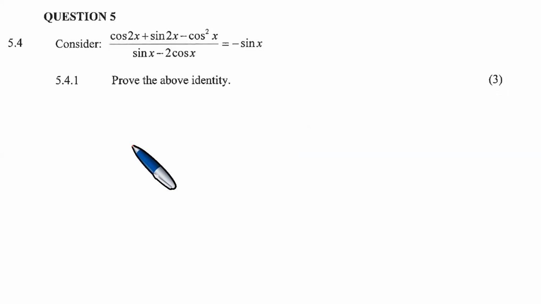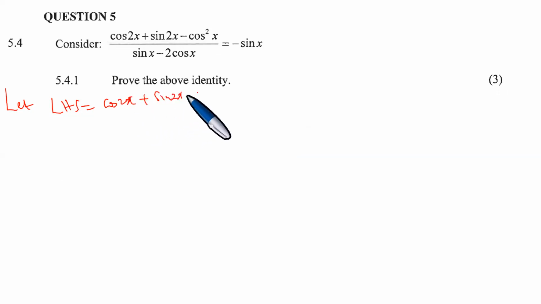To prove the identity, you let the left-hand side, which is cosine 2x plus sine 2x. So I'm copying the question as it is.